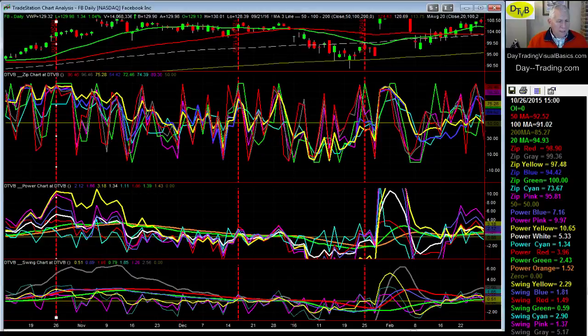Now, again, one of the things that we see here on the one on the left is that the short-term trend lines, the power green and orange, are well above zero going up. Swing red and green, again above zero going up.